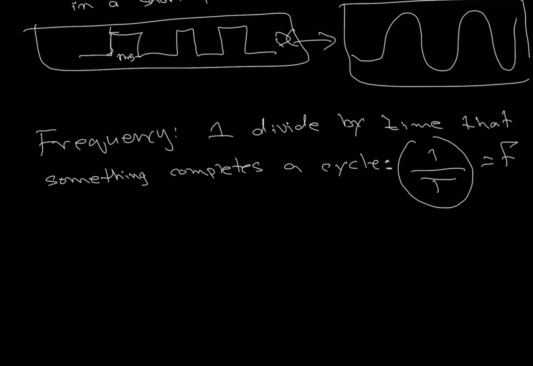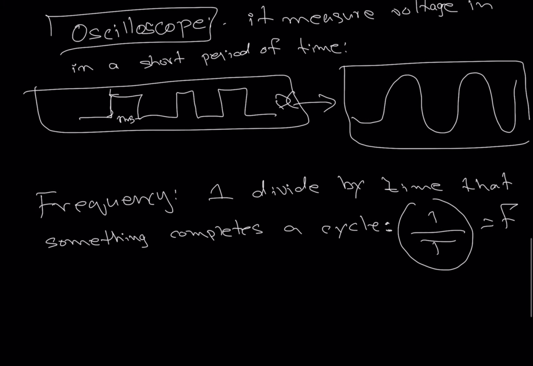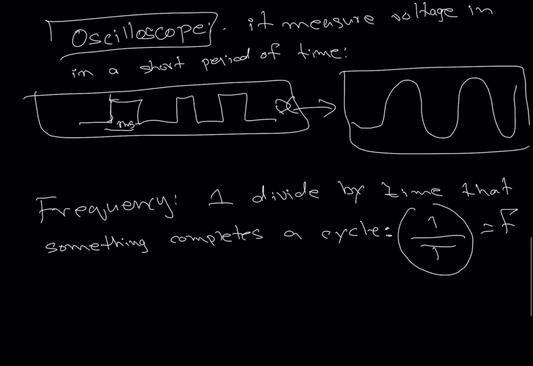There is no electrical component to measure that other than the oscilloscope. We can use it to find the timing, and this is how we find the complete cycle.